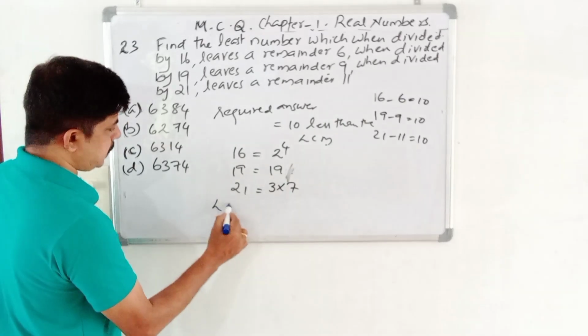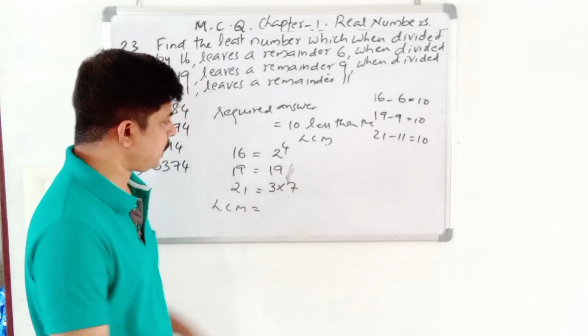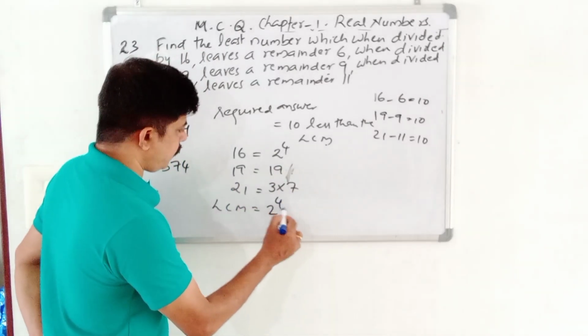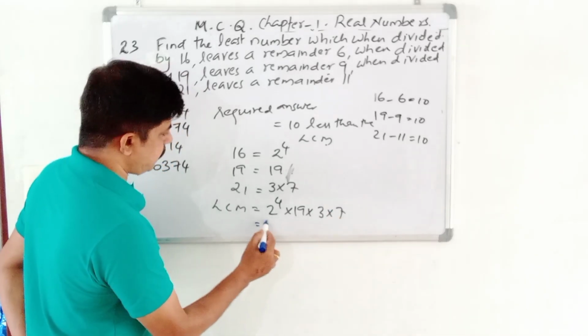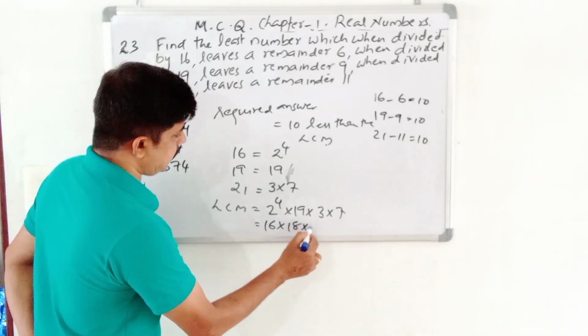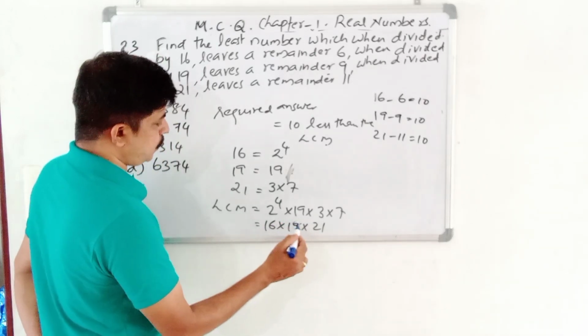Our LCM is the greatest power of all the prime factors involved: 2 raised to 4 into 19 into 3 into 7. That is 16 into 19 into 21.